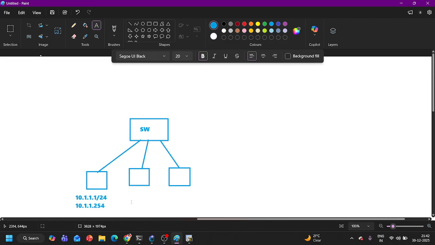On PC2 it has configured IP 10.1.2.1, gateway 10.1.2.254. And on PC number 3 by mistake, here I have not mentioned the slash value, it has used the default. Sorry yaar.